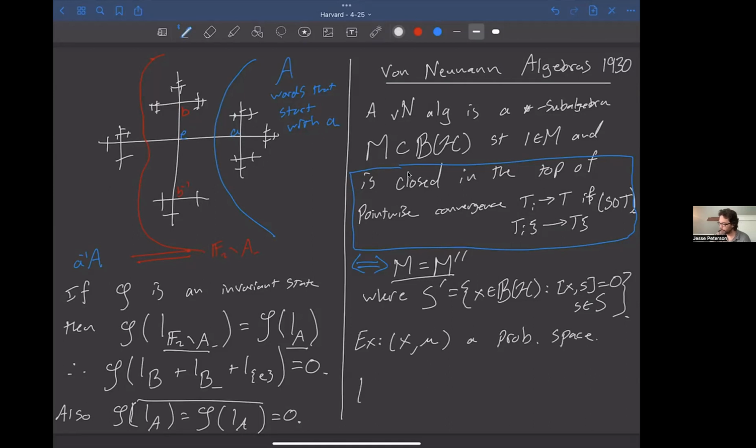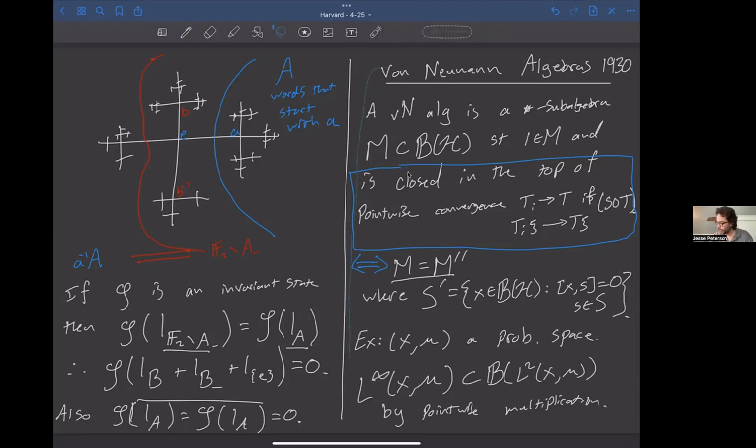Examples of this: if you have (X, mu), say, a probability space, then you can consider L infinity of (X, mu) and view it as sitting inside the bounded operators on L2 of (X, mu), by pointwise multiplication. If you have an L infinity function, you multiply pointwise by an L2 function, you get another L2 function, and the norm of this operator is bounded by the L infinity norm.